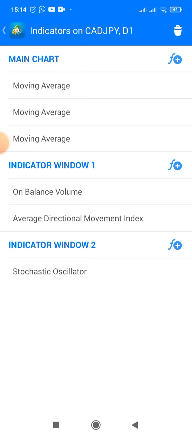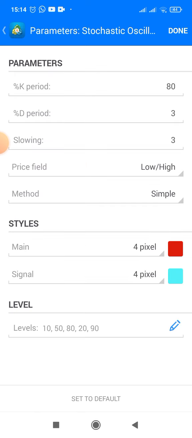The other window is going to be stochastic. These are the values: 80, 33, low and high, simple. Then we are done.